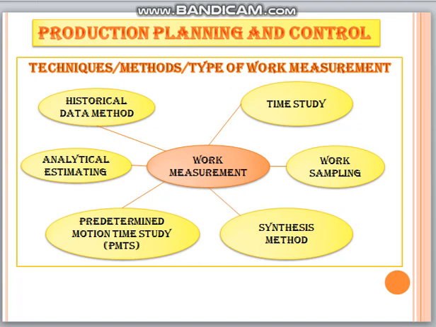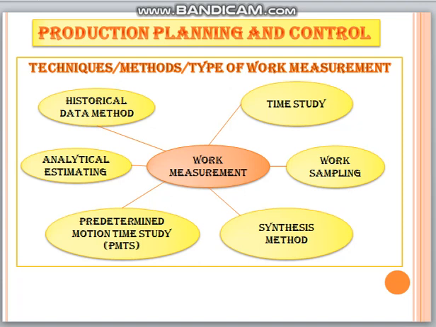Next, moving on to the time study. Time study with a stopwatch is most commonly used in work measurement. In this method, where jobs can be worked in a short period of time repeatedly, in that case we use this time study.